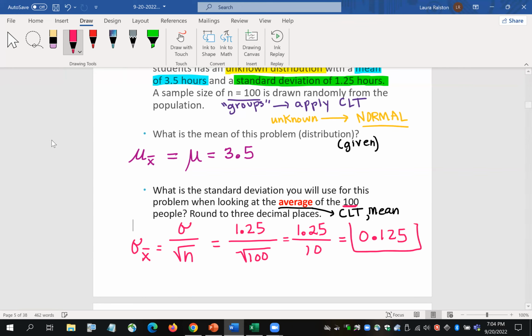And it says in the instructions, and guys, the instructions here are very important, because if it says round to 3 decimal places, you will need to enter the 3 decimal places into Minitab when you go to do the calculations. If you only enter 1 decimal place, you're going to get the wrong answer, and D2L will count it wrong because the instructions clearly say round to 3 decimal places.